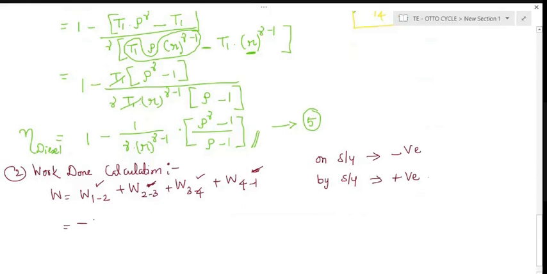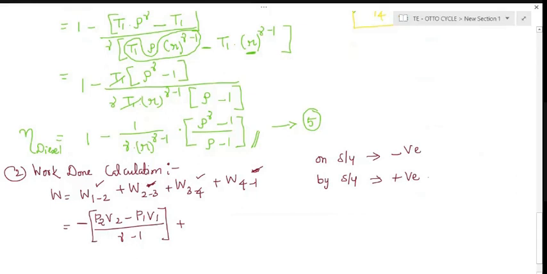the process takes place between 1 and 2. Generally we know what a polytropic process is, so based on that you can give the equation for the work done: P2 V2 minus P1 V1 divided by gamma minus 1, plus, the work done between 2 and 3.